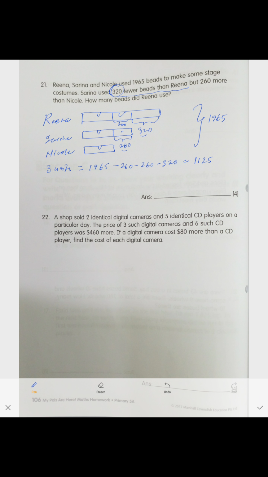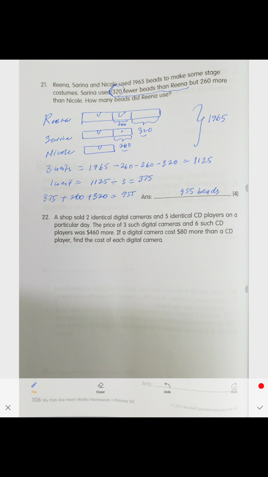If this is 3 units, 1 unit is 1125 divided by 3, which equals 375 bits. Now they ask us how many bits did Rina use. So 1 unit, 375 plus 260 plus 320 is equal to 955 bits. All right, 955 bits.